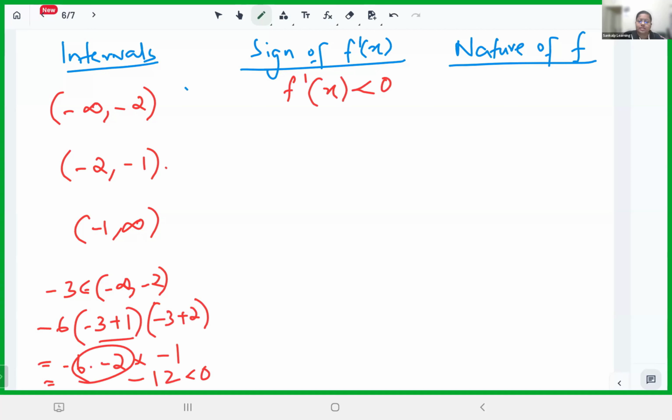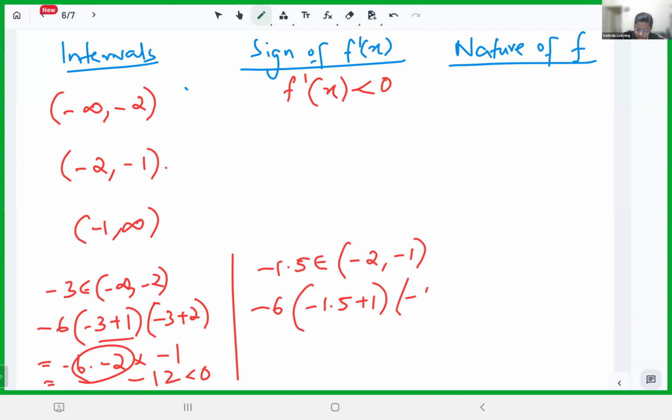And the second interval is -2 comma -1. You take any point from that interval. Let's take -1.5. Okay, -1.5 belongs to that interval, isn't it? So what is happening to the sign? -6 into (-1.5 plus 1) into (-1.5 plus 2).